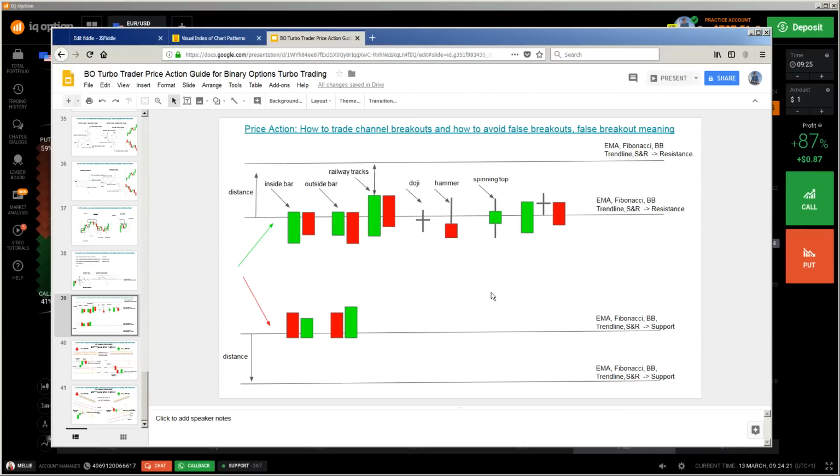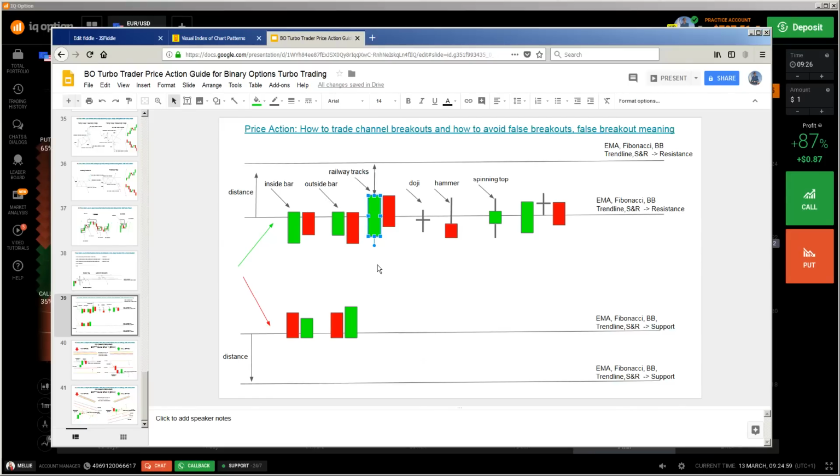And it's also more likely that this will be a fake breakout, an evening star, when the distance to the next level is large, and that's the reason why you don't have to draw your Fibonacci levels, your trend lines, your horizontal support and resistance lines too close together, because if you have too many too close together, you don't understand where the next strong one is, and then you don't understand if it could be a fake breakout or not. And that is what it's all about.